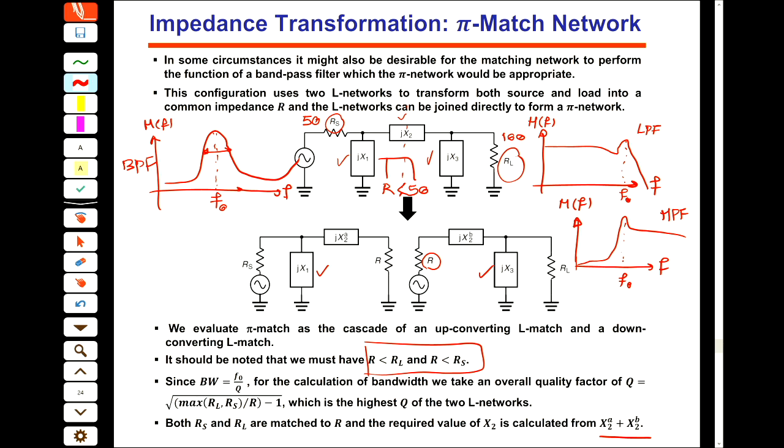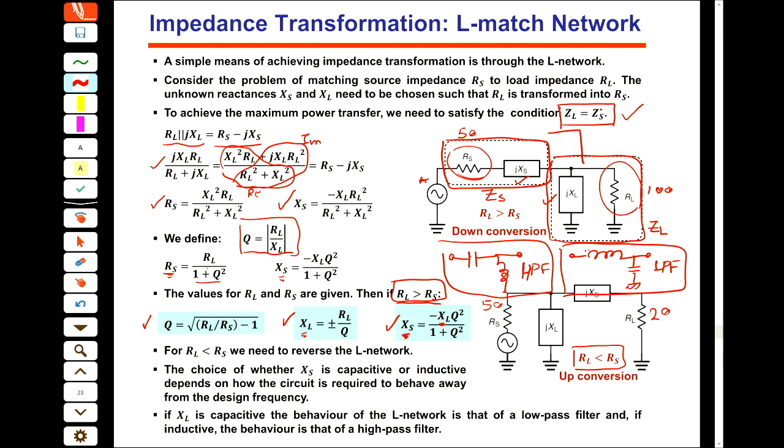For these kinds of exercises, we usually say, okay, we need a bandwidth, and based on this bandwidth, please design these elements in such a way that we can match these two resistors. So based on the bandwidth that you are given, you have to find the Q factor. The Q factor is the RL divided by R, for example, in this.